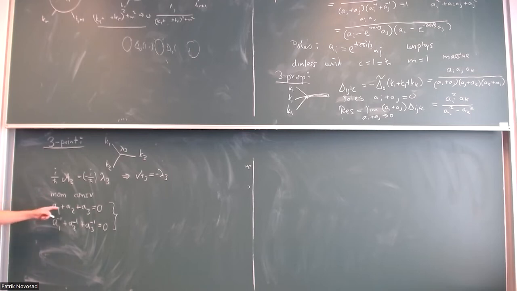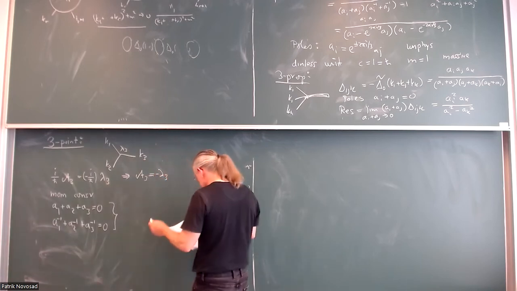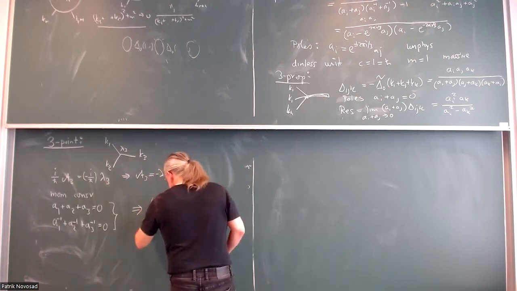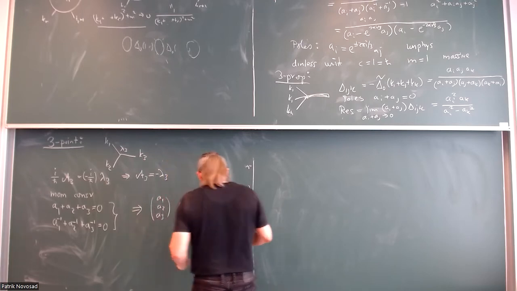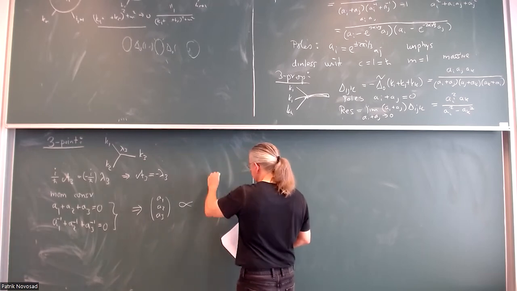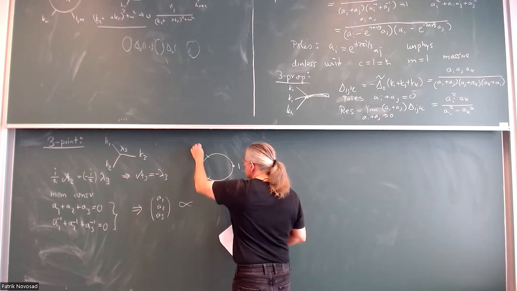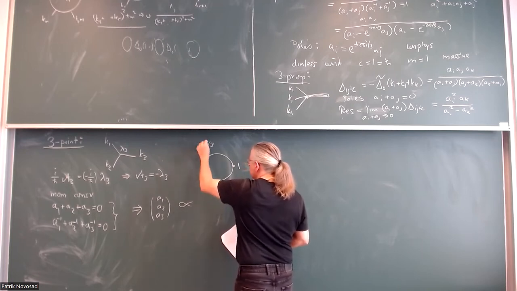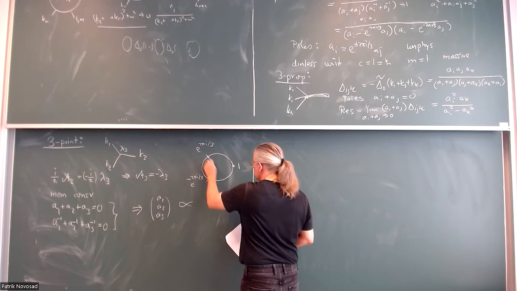So we have three complex variables and two conditions. So this is a one-parameter solution, right? And I will just give you a solution. It's straightforward. So the solution is that a1, a2, a3 should be what I like to call a Mercedes-Benz diagram. So you have here 1, here you have e to the 2 pi i over 3, and here you have e to the 2 pi i over 3 minus, like this.